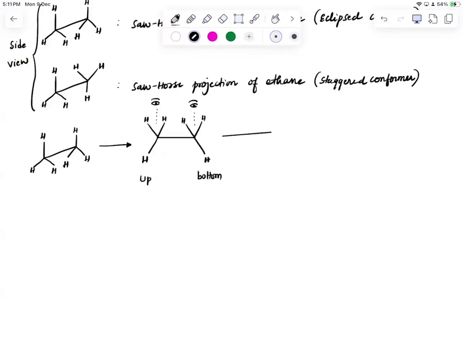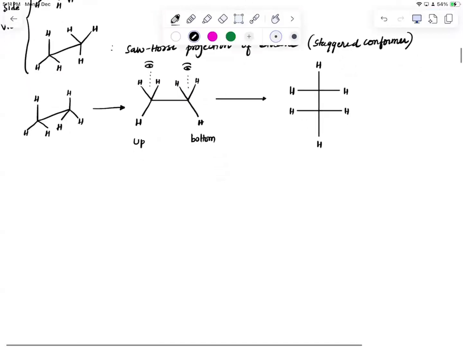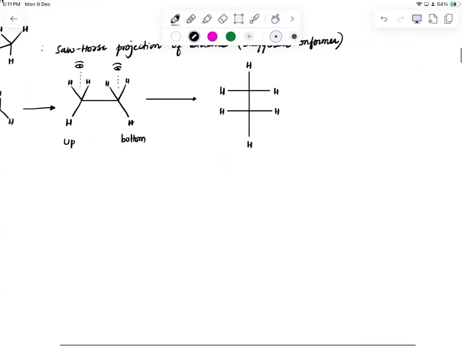In that case, how do we need to view it? You make a big vertical line with one hydrogen up and one hydrogen down. And then you make two more horizontal lines here, correct? Any of these two groups are on the left and these two groups are on the right. This kind of projection, a top view, where three-dimensionally, if I write it, it is like this.